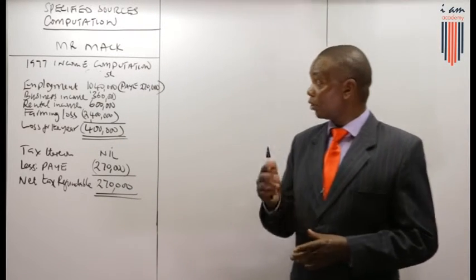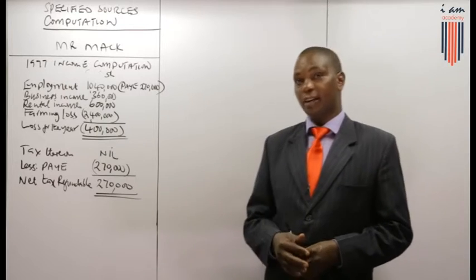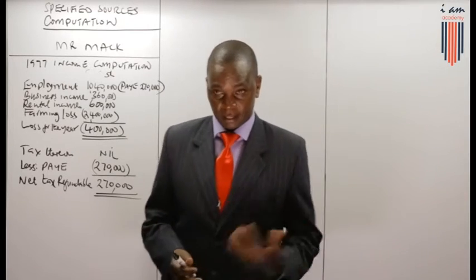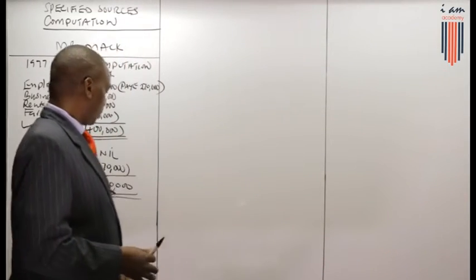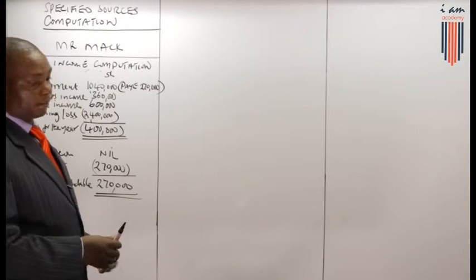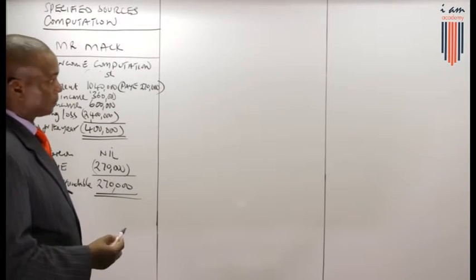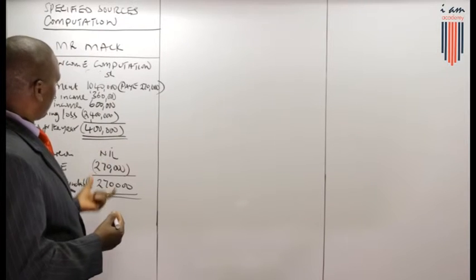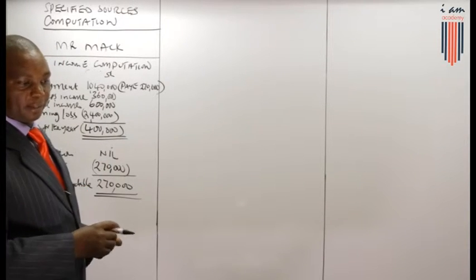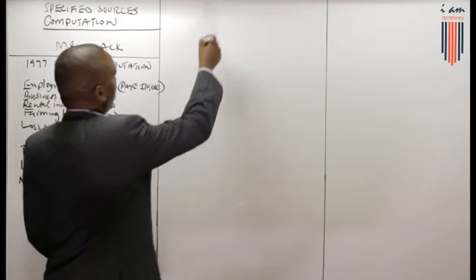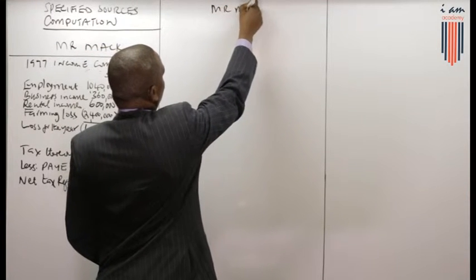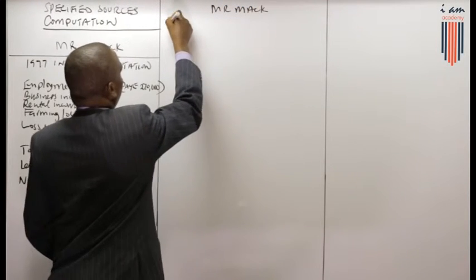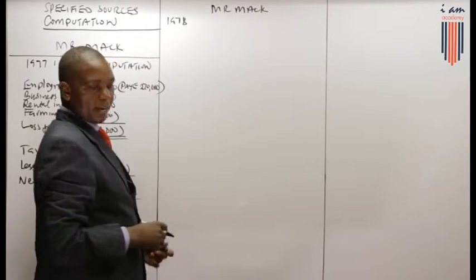And so we are going to look now at what would happen in 1978. This is 1977; we would see what would happen in 1978. So let's trace the activities of Mark in 1978 to see what happens. So again, Mr. Mark, 1978 income computation.